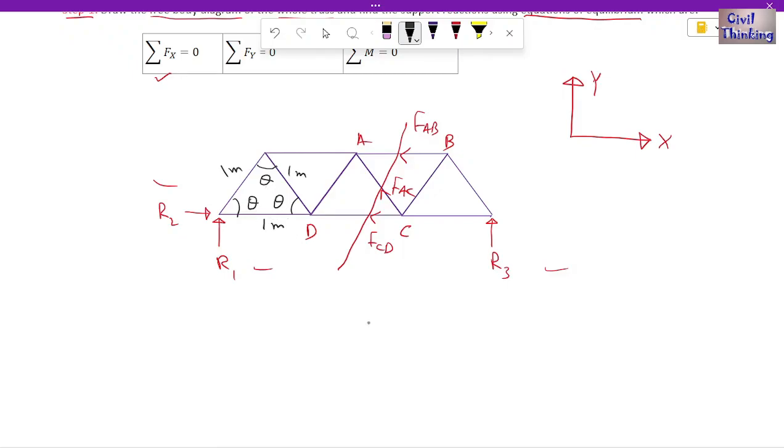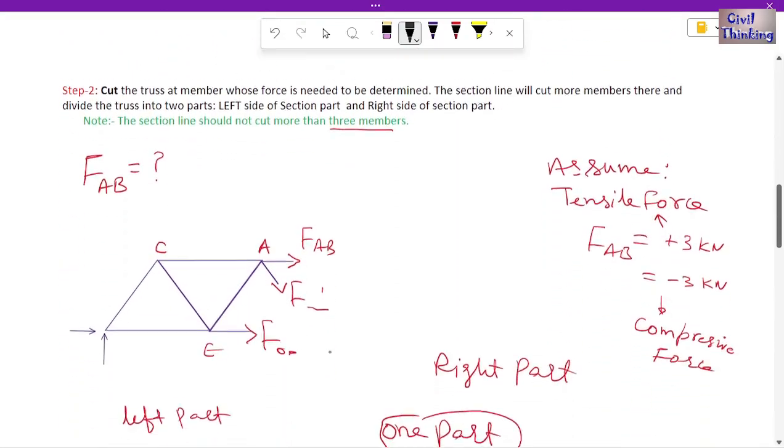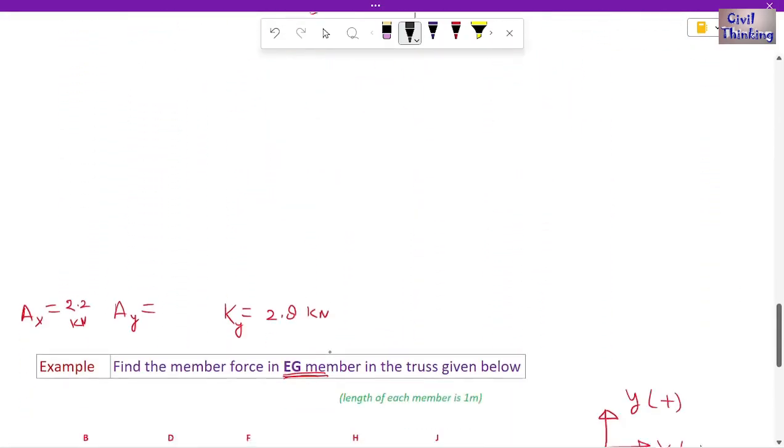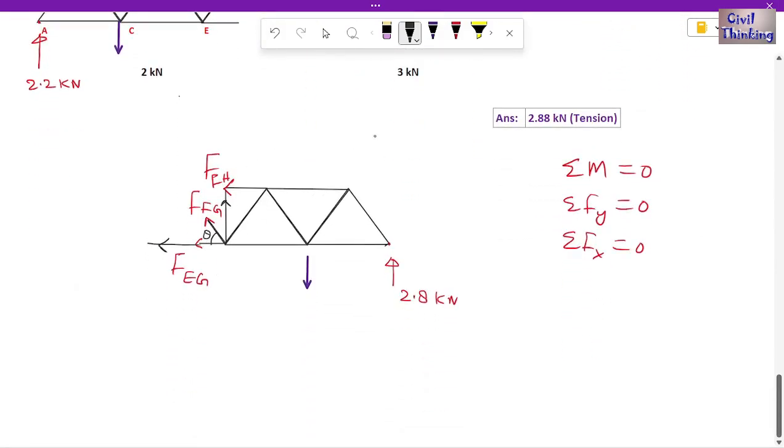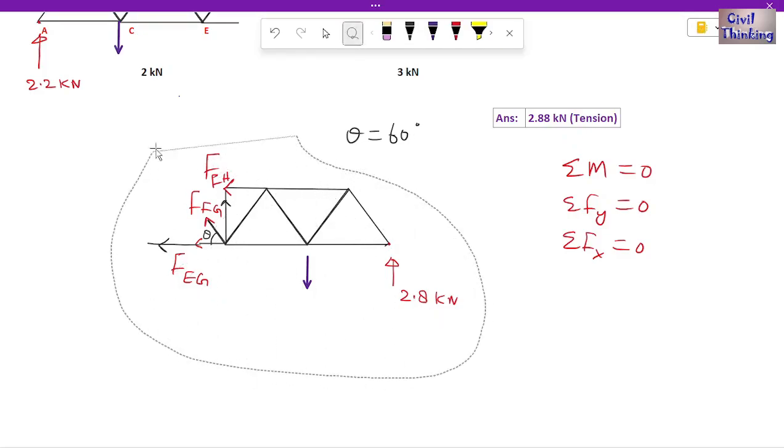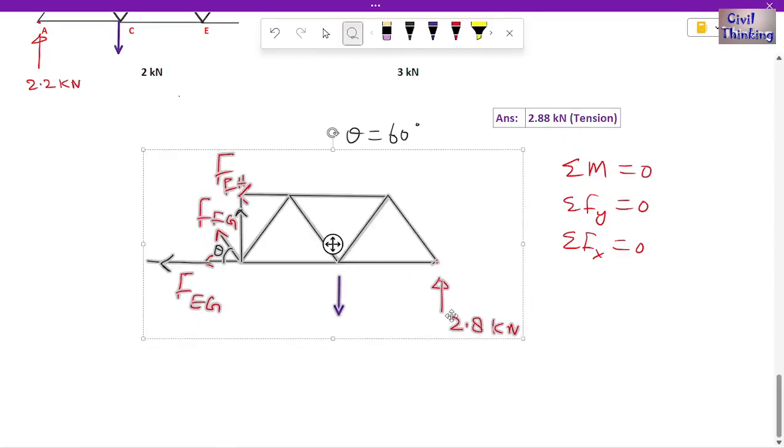So the theta we have is 60 degrees. Let us write it here: this theta is 60 degrees. Now this is going to be FFG. Let me enlarge it first, so that you understand well.